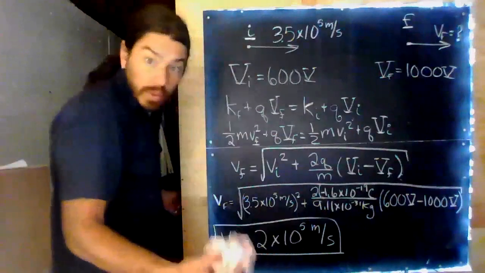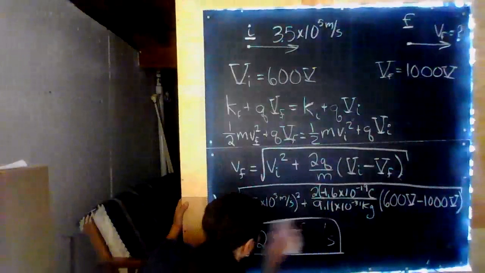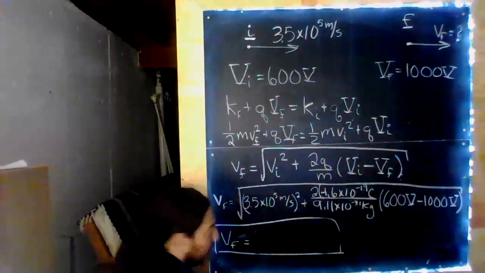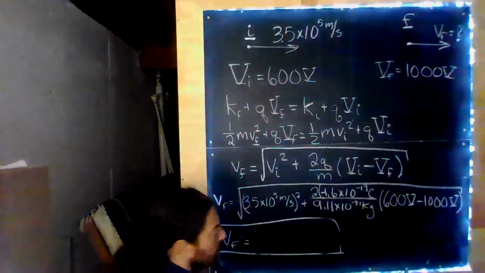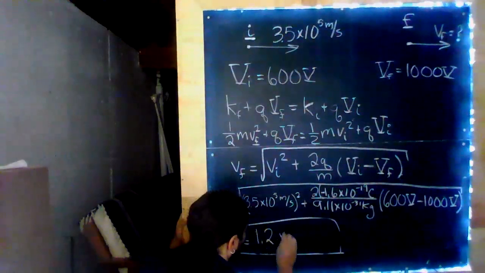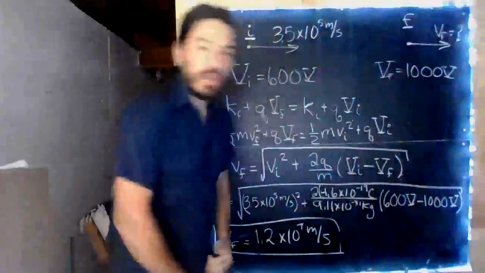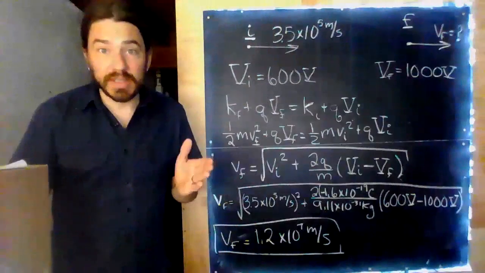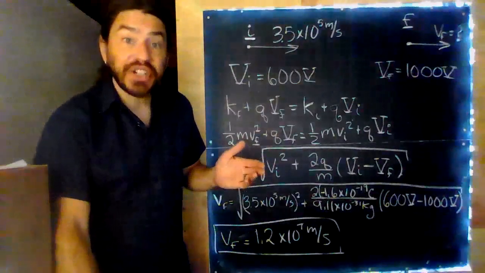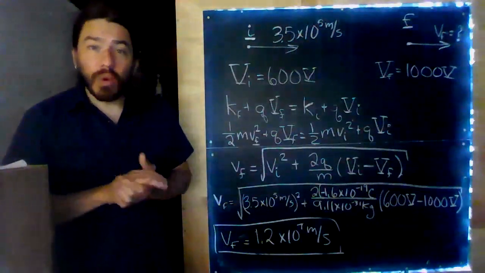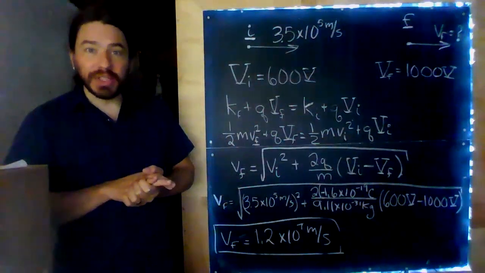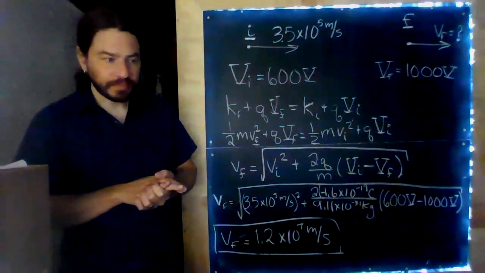And then when we run our calculator, we get 1.2 times 10 to the 7th meters per second. So we see that the electron actually sped up when it went from low potential to high potential.